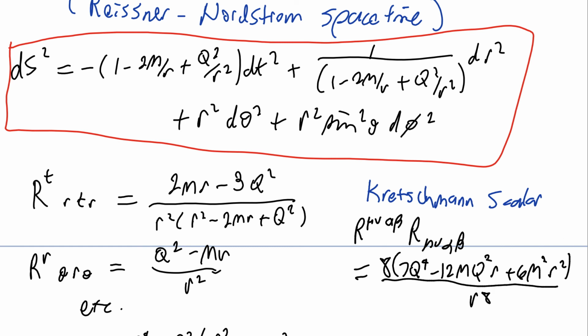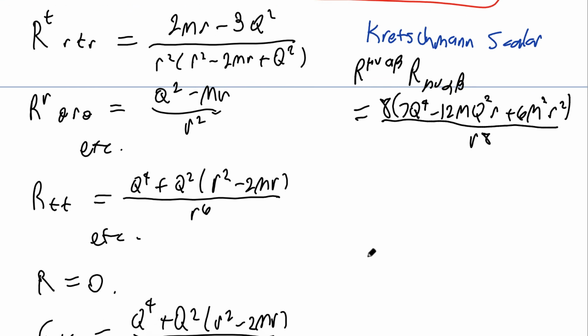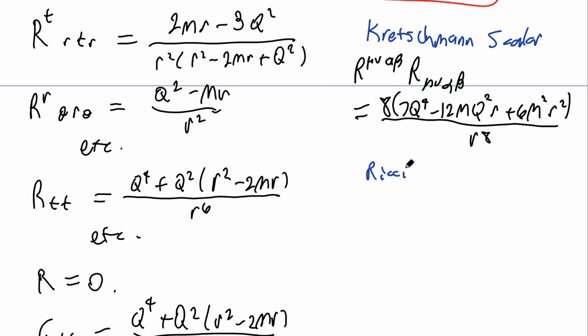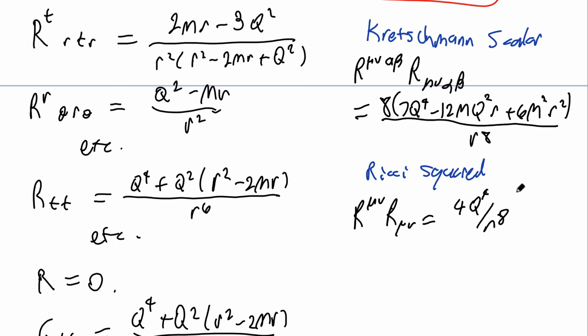And another example is the square of the Ricci tensor, R_mu nu R^mu nu, and in this example of Reissner-Nordstrom, it's 4q to the 4th power over r to the 8th. So these are quantities that will have the same value in any coordinate system.